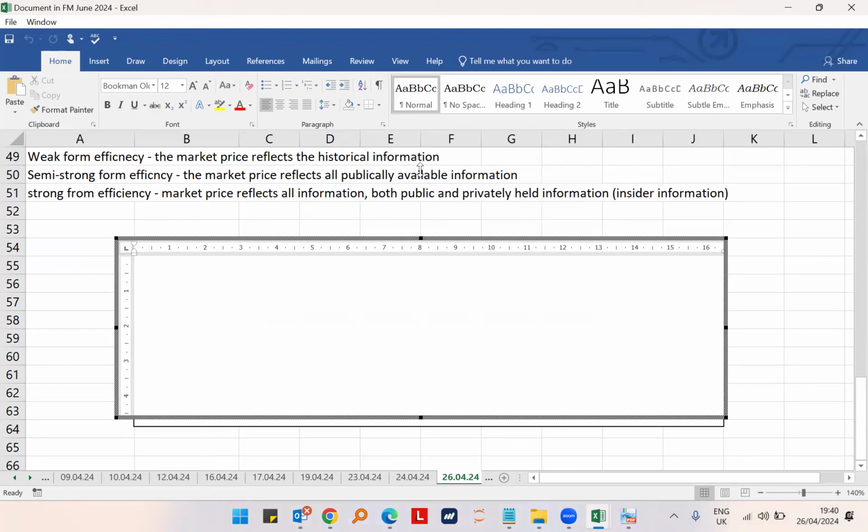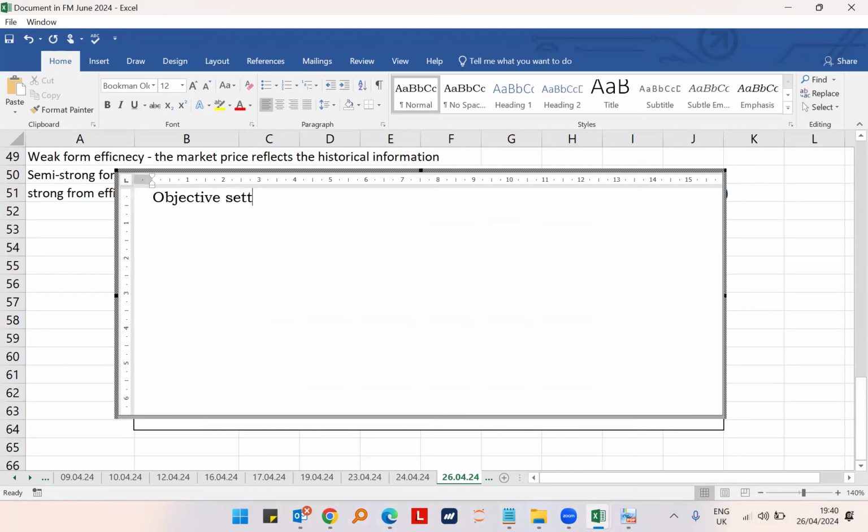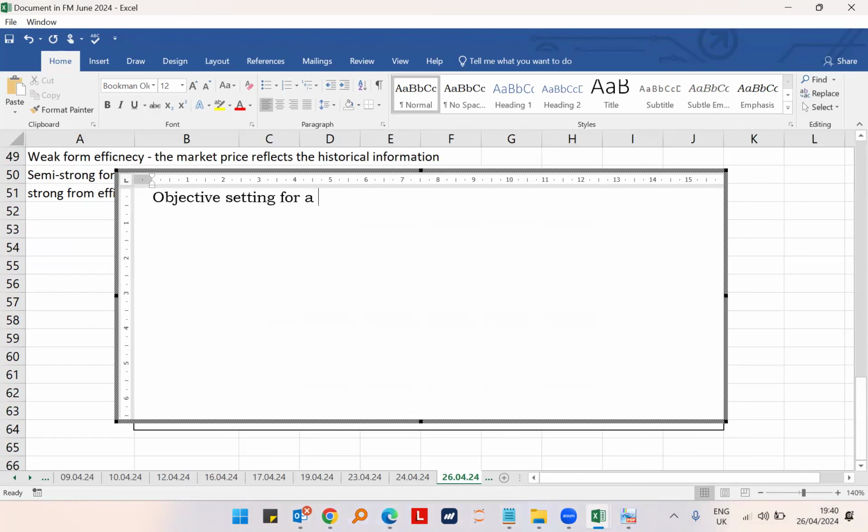So what we are looking at here in this case is the objectives for a private company and a nationalized company.